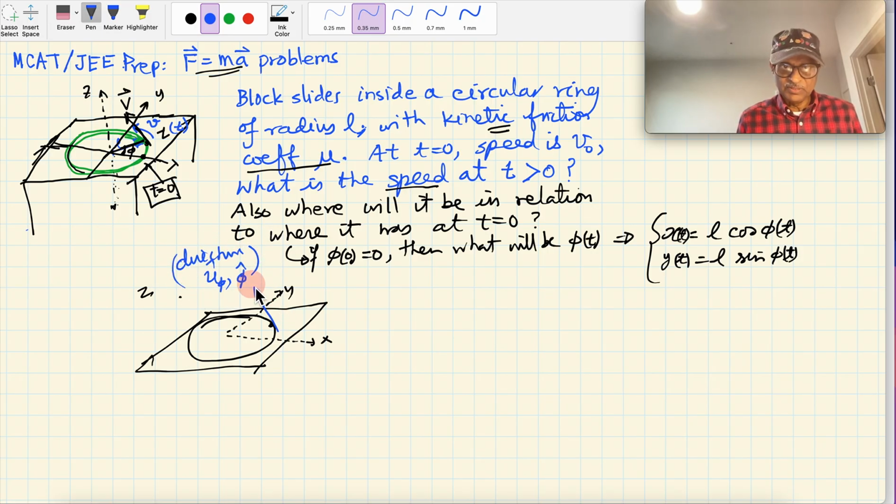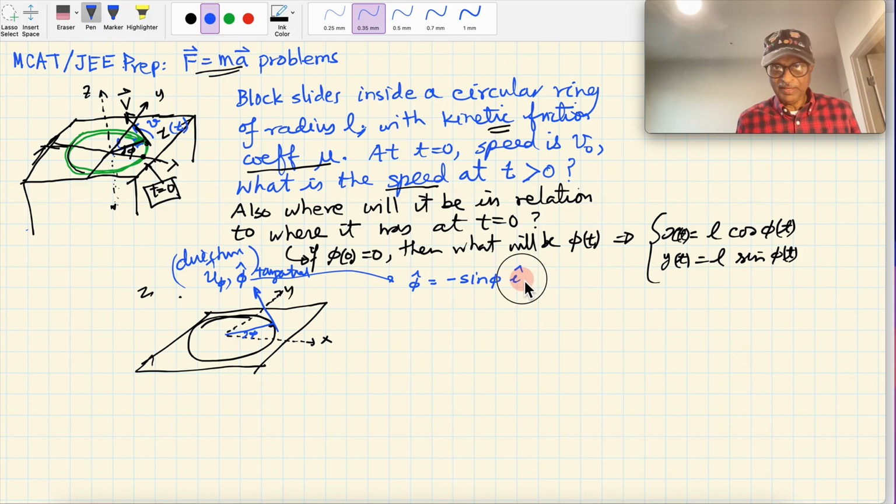This is also called the tangential direction. So velocity is tangential, it's in that direction. So if this is angle phi, then phi hat is going to be minus sine phi i hat plus cosine phi j hat.